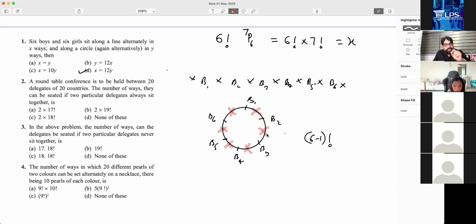And keep in mind, these 6 are not circular. It's a row only. Why so? Because there is a numbering. This is between B1 and B2, this is between B2 and B3. So that will become 6 factorial. 6 girls are there and 6 places are there. So Y will be equal to what? 5 factorial into 6 factorial.